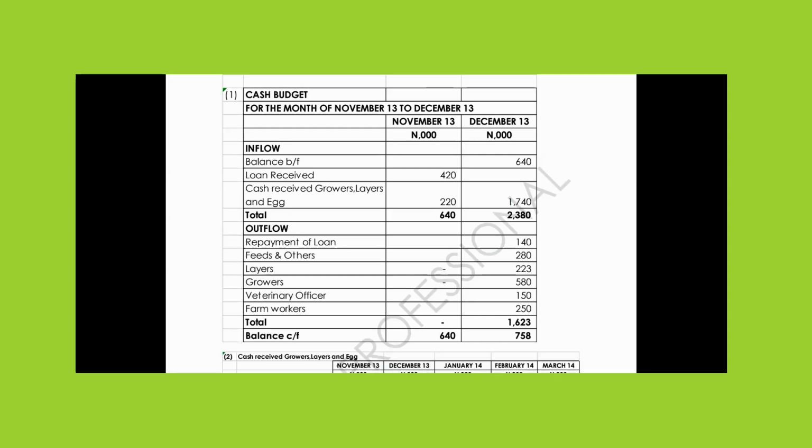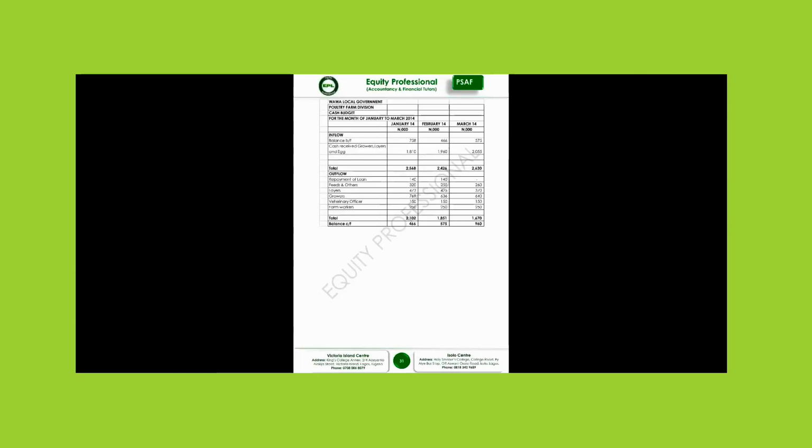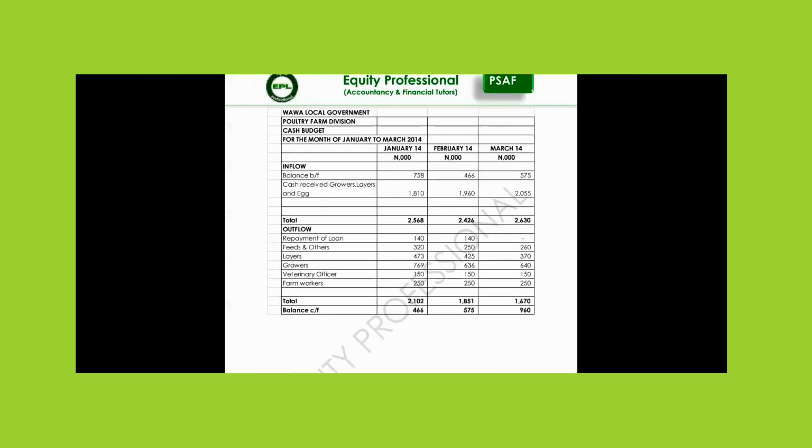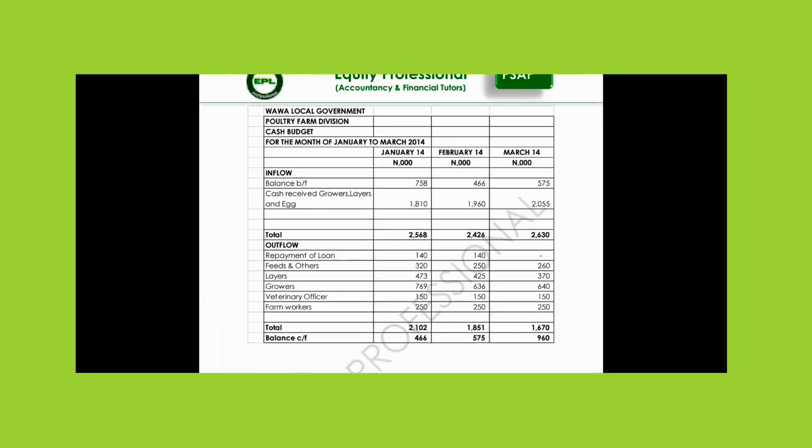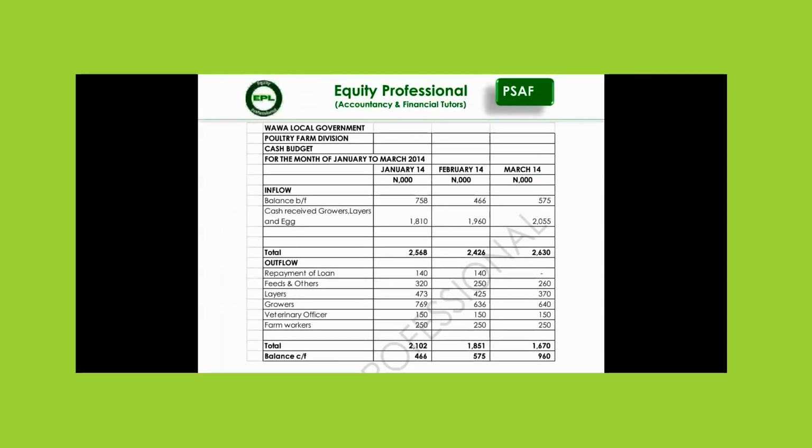So go to page 30, January. Can we see that 758 in January? Yes, sir. We now add the total inflow of January: 758 plus 1810 is 2568.